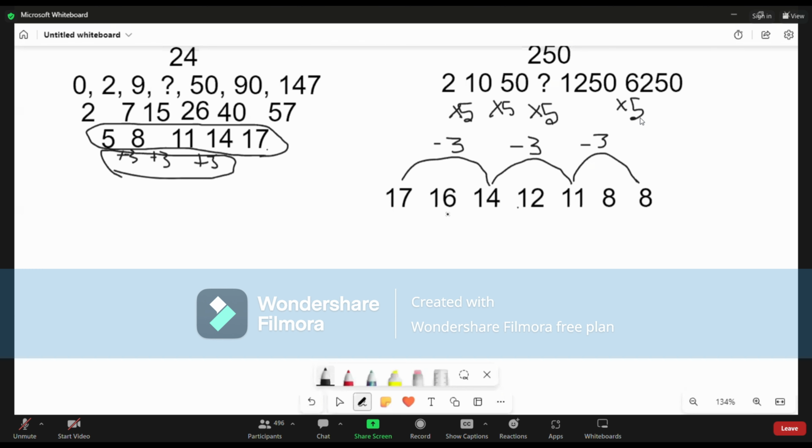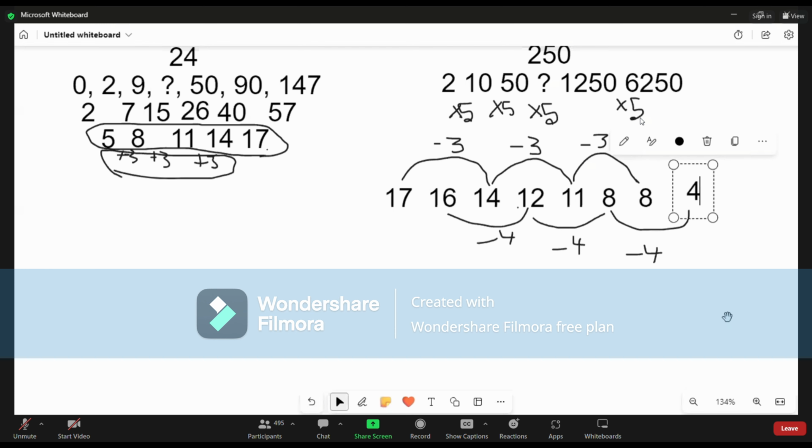Similarly, here 16 minus 4 is 12, 12 minus 4 is 8. Now you have to check what is the next minus 4 term. So 8 minus 4, it will be plus 4. This will be the answer for this question.